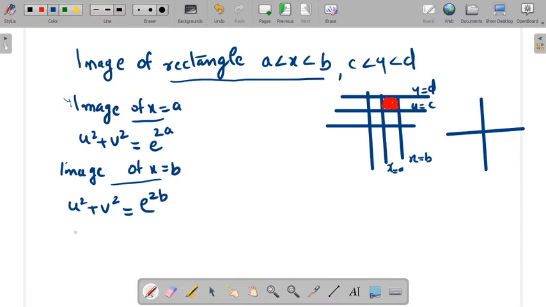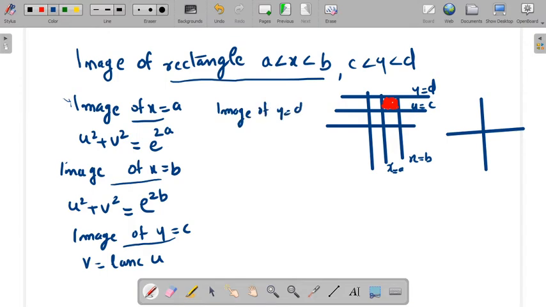And image of y equal to c, which we obtained as the line v equal to tan c u, and the image of y equal to d. So the slope changes, we get the image as v equal to tan d u.